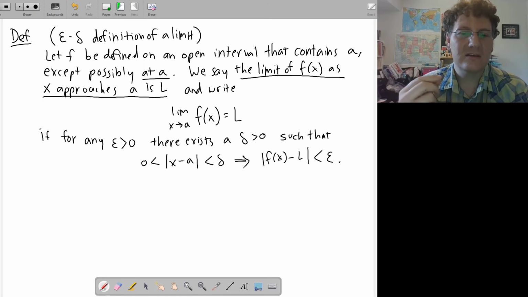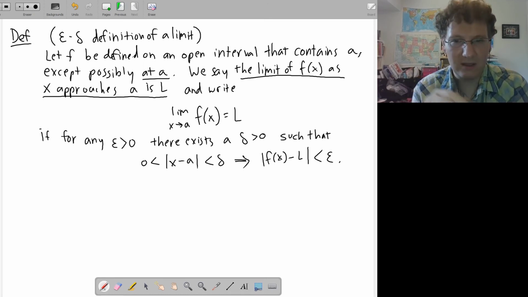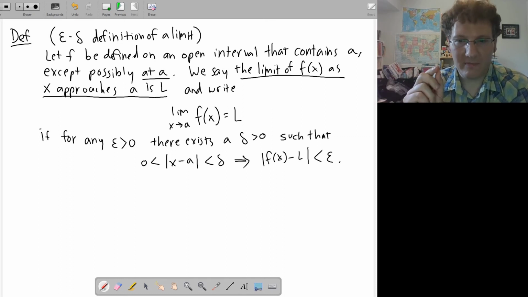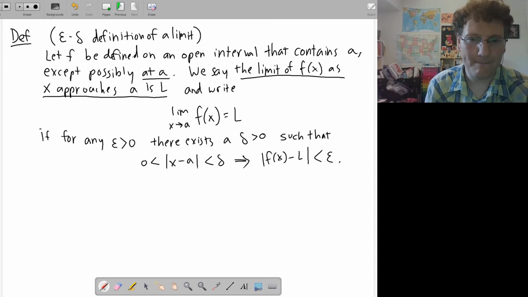So this is saying as long as x is within delta of a, it will imply that the function value is within epsilon of L.